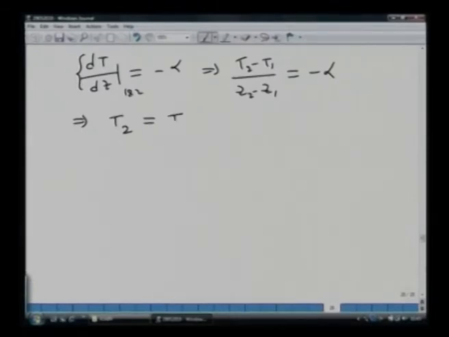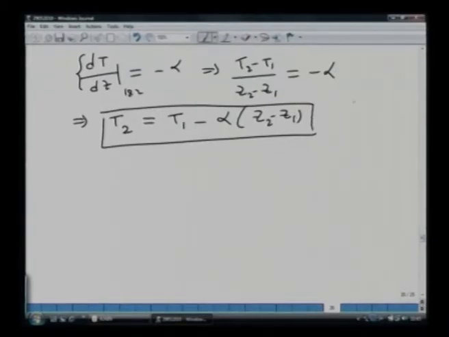T2 is nothing but your T1, the temperature on the ground, minus your lapse rate times the difference in the heights, which is Z2 minus Z1. Let us say this is your 3.2.16.